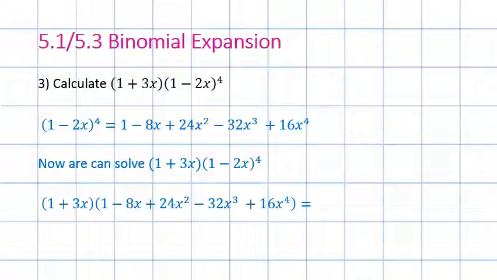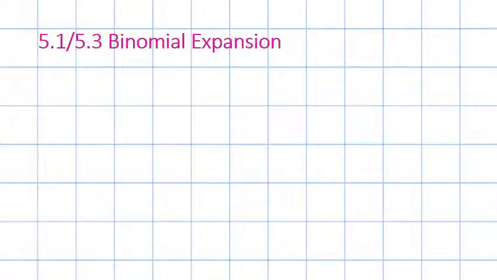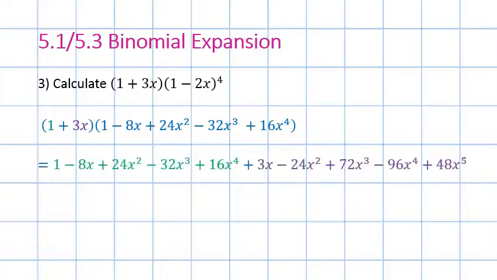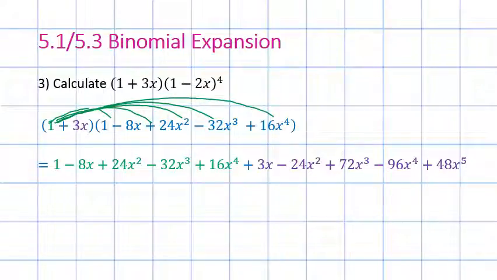This bit's a little bit time consuming, and you have to be careful not to miss any. Okay, so let's expand this out. I've highlighted the 1 in green and the 3x in purple to hopefully help you follow what I'm about to do. So I need to multiply everything by the 1. So 1 times that whole bracket just gives me that bracket.